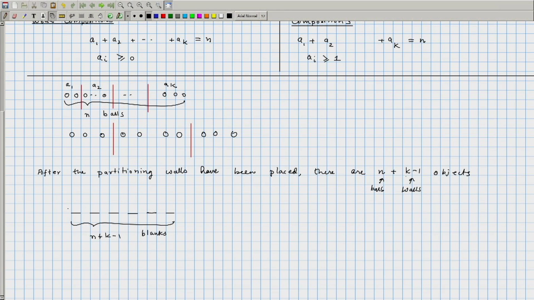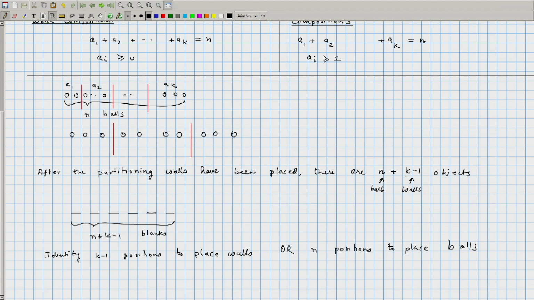If we were just placing the partitioning walls, we just need to identify k minus 1 positions to place walls, or equivalently n positions to place balls. So, they are identical in some sense. The number of ways of doing these are exactly the same.